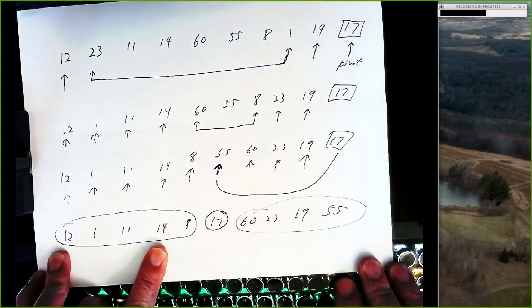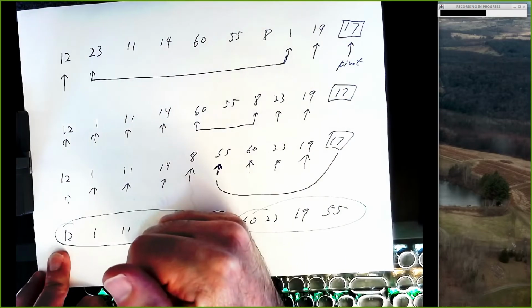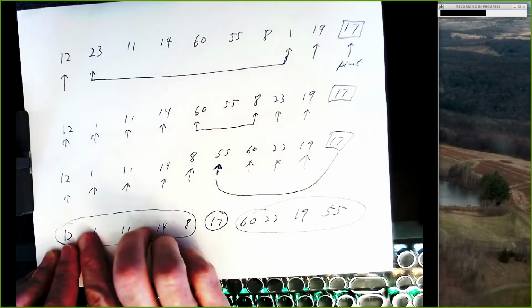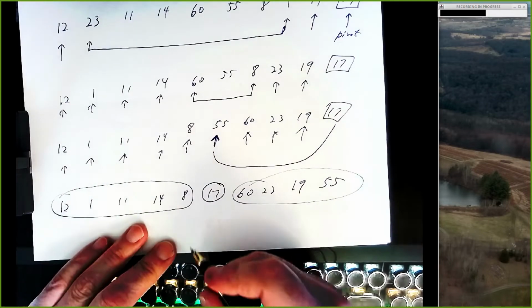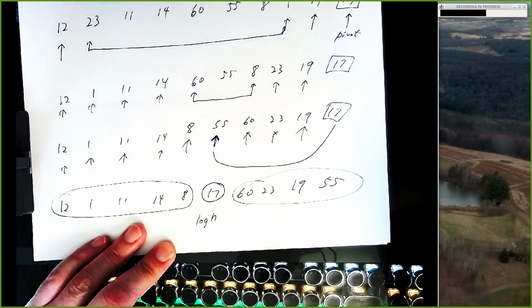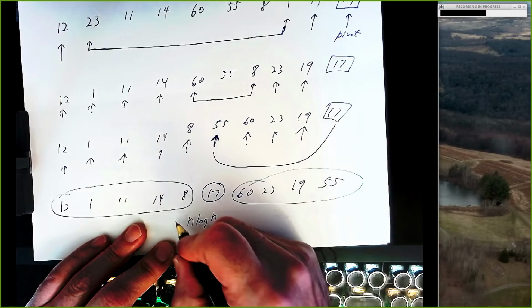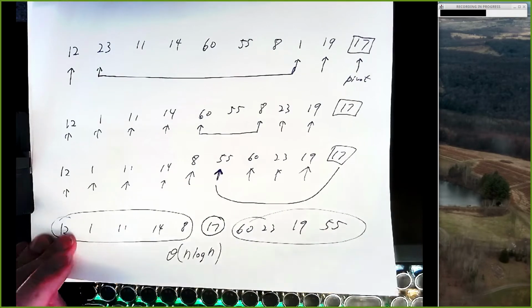There's no sorting to be done. So the number of passes is how many times we have to split our list till we get down to a list of size 1. If we're splitting our list in half each time, that's on the order of log n passes, and each pass takes n, so this looks like an order n log n. Under good circumstances.